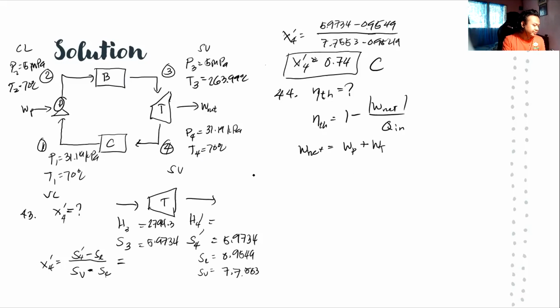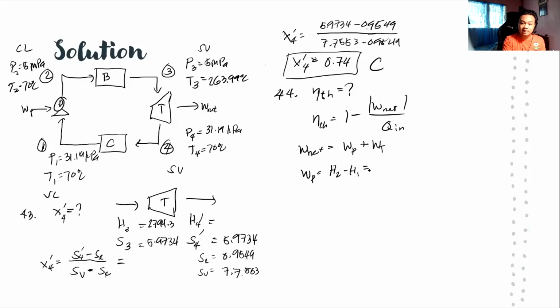So now WP. How do we find the WP? It's actually the difference of the enthalpies, H2 minus H1.